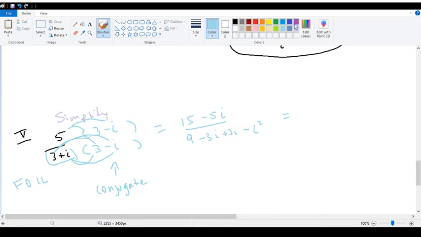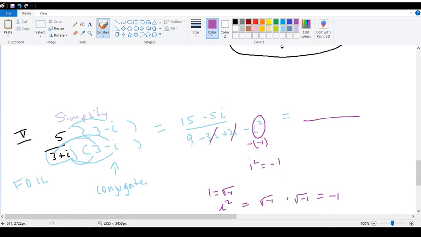Now recall that these two will be canceled because they're opposites. And also remember that i squared is just equal to negative 1 because i equals the root of negative 1. And if I have i squared, that's root of negative 1 times root negative 1, which is equal to negative 1.